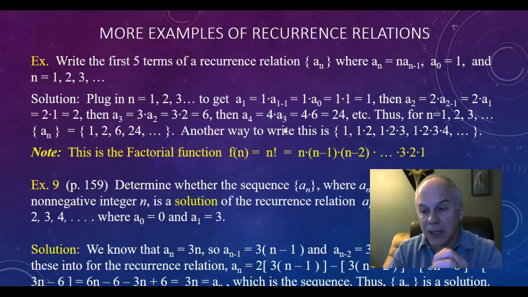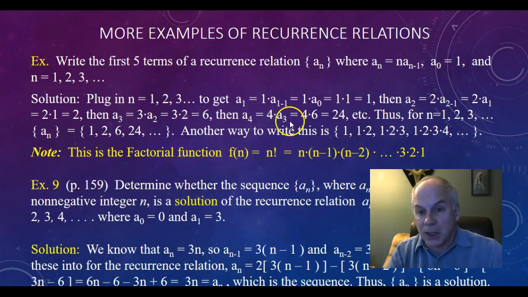So we keep multiplying n times the previous term. So the fourth term will be 4 times 6, or 24, etc. So the terms, starting with n equal 1, are 1, 2, 6, 24.